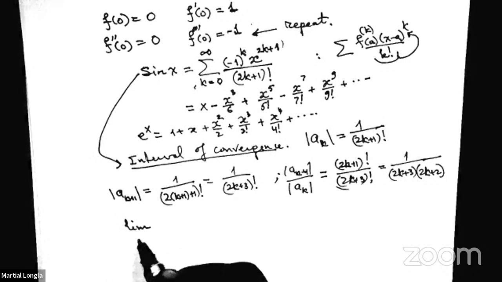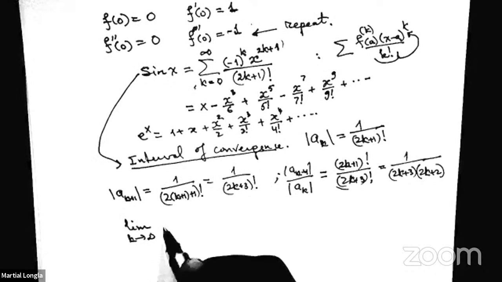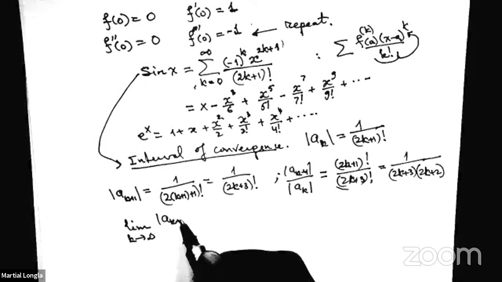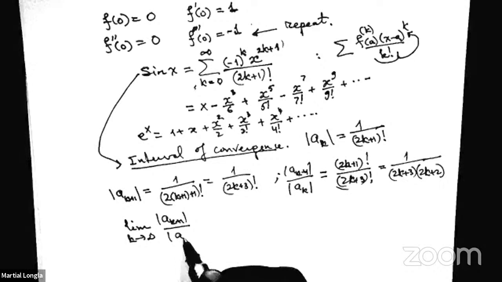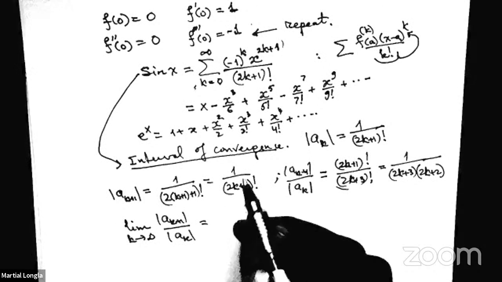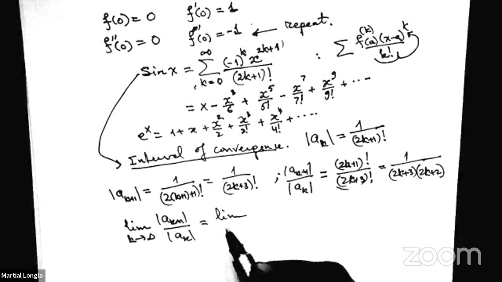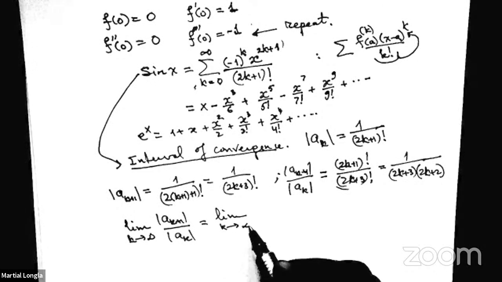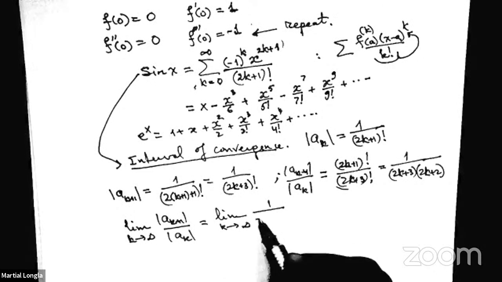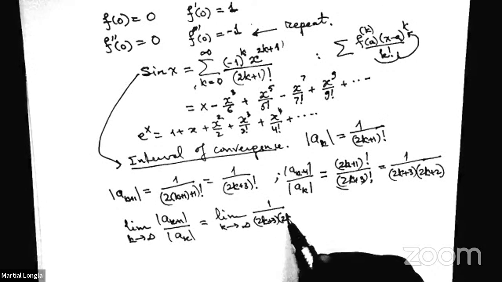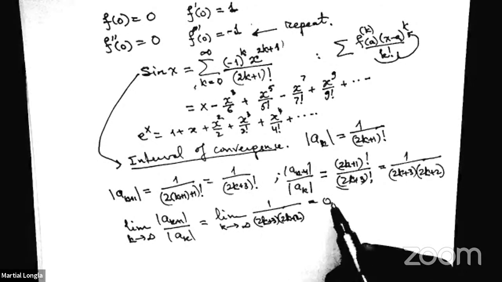you get the limit as k goes to infinity of absolute value of a_(k+1) over absolute value of a_k equals the limit as k goes to infinity of 1 over (2k+3)(2k+2), and that's 0.